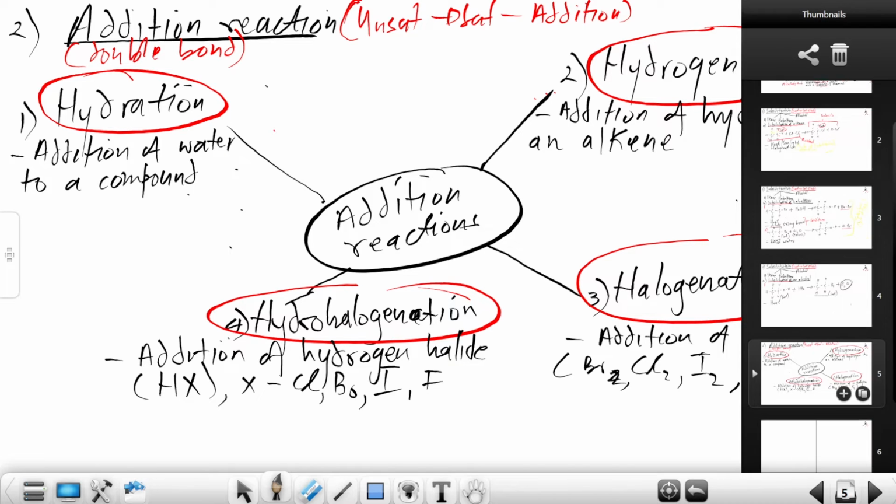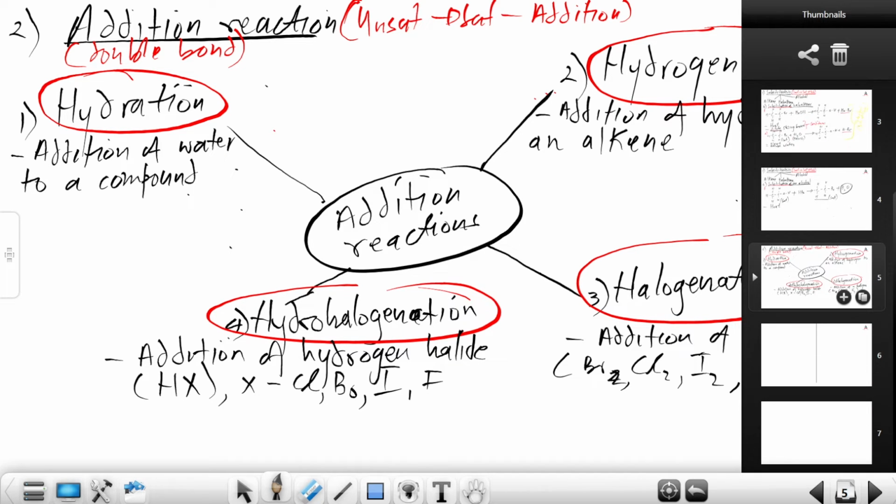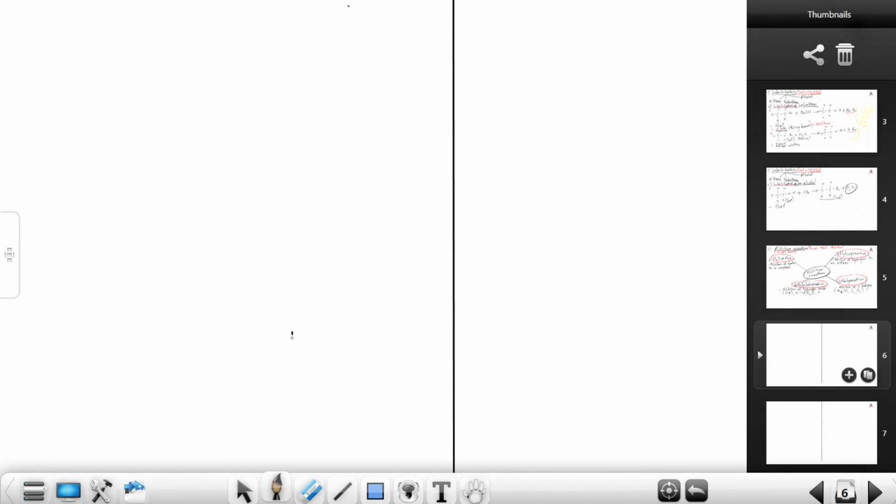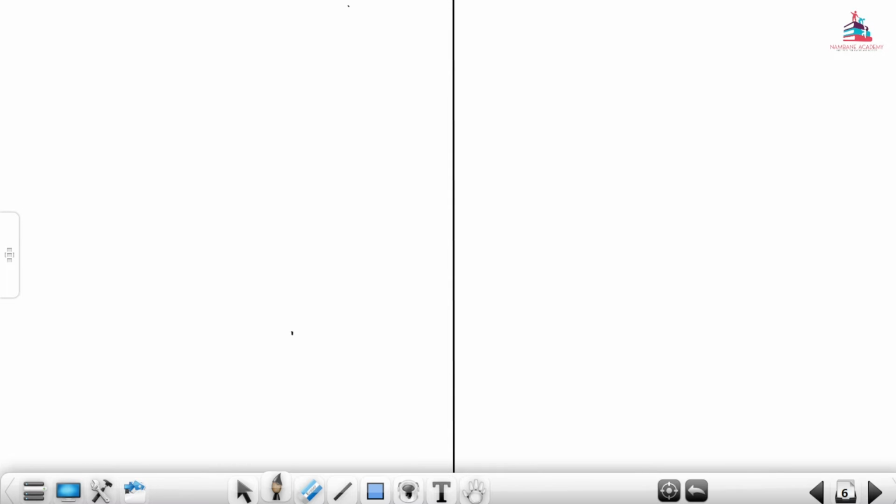So I'm going to add a new page, and then copy it. Then we'll be working with this one. So let's start with hydration. We did say hydration is addition of water.